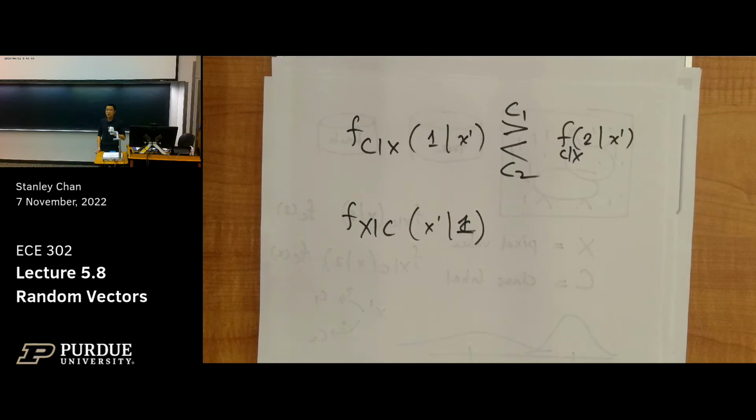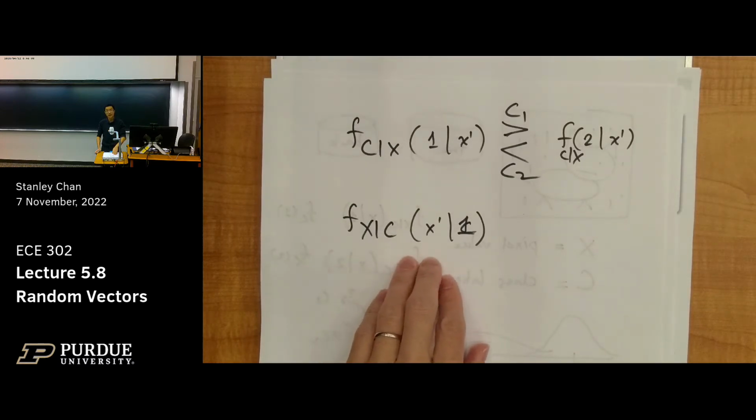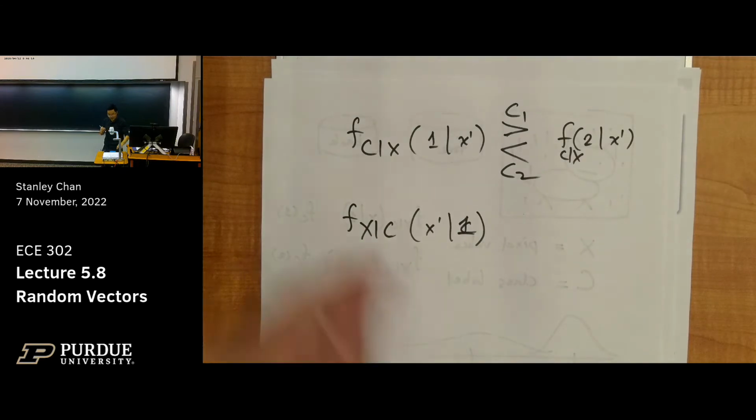What is the probability that this pixel actually comes from class C1? So this is a forward reasoning. If I'm already class C1, what is the chance that I will get this pixel? This probability says, if I am looking at this pixel value, what is the chance that it actually comes from class C1? So the two directions are different. One is forward, one is reverse.